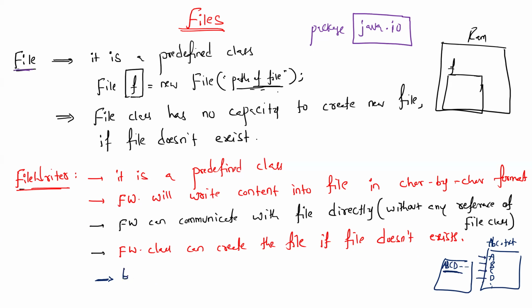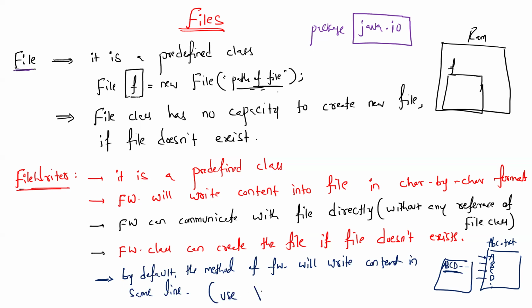So here the file writer class can create the file if the file doesn't exist. And by default, the methods of file writer will write the content in the same line. That's the default nature. Then what do we have to do?